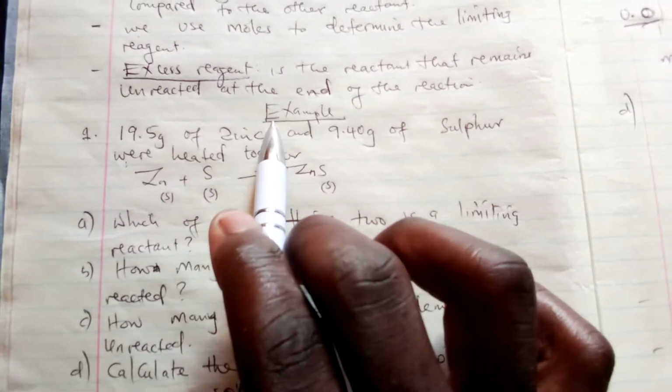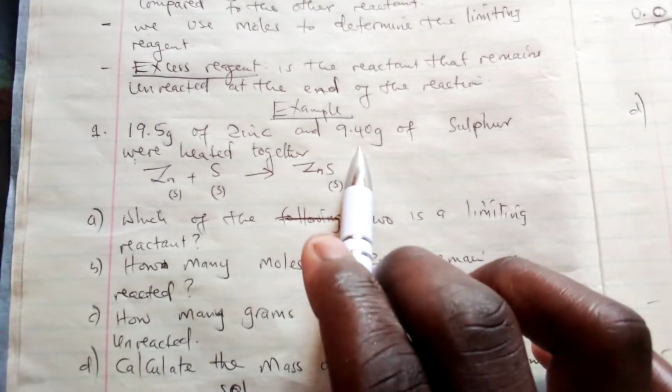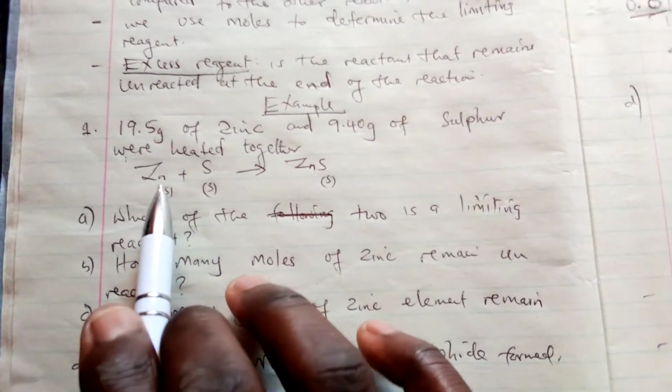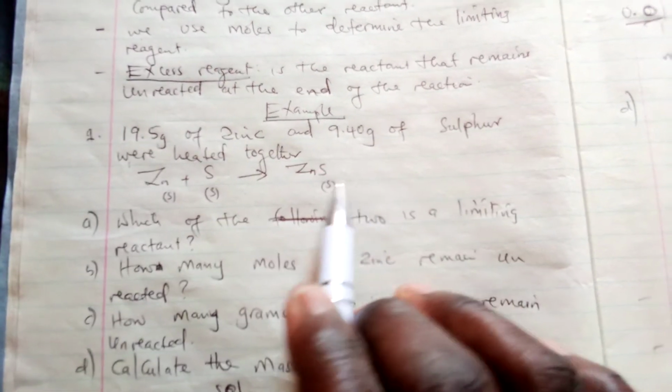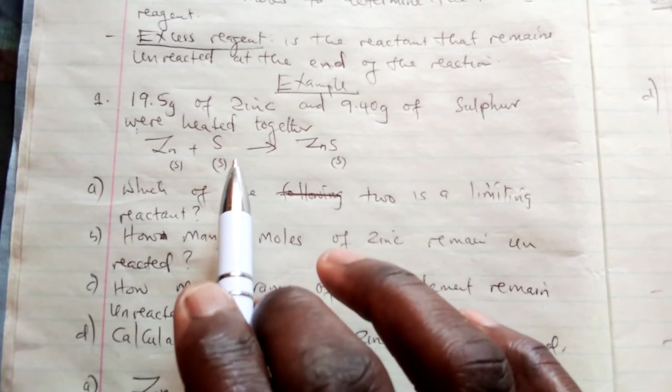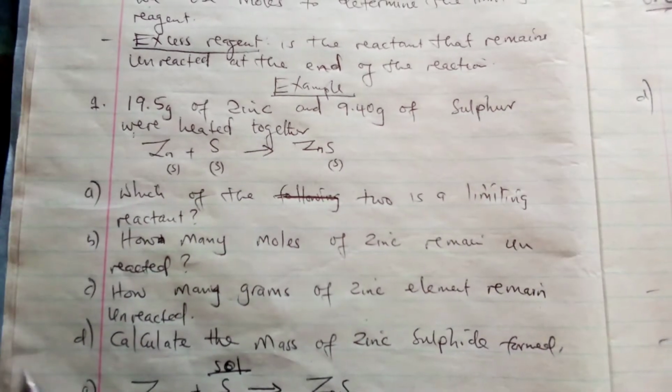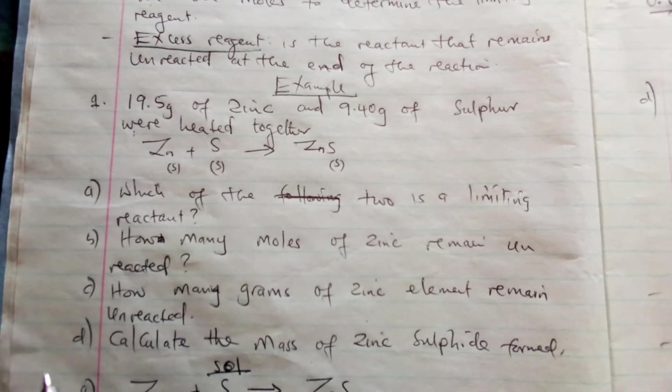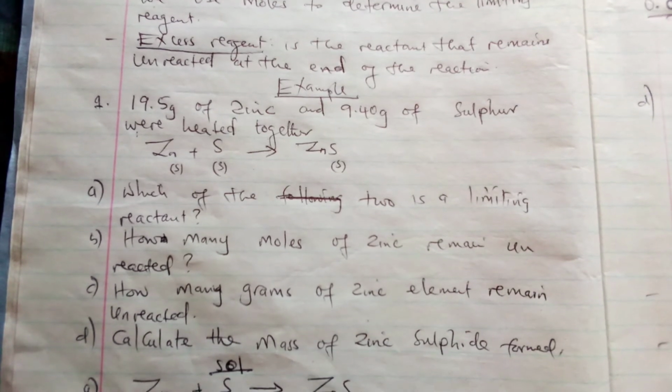19.5 grams of zinc and 9.4 grams of sulfur were heated, and then this is what they produced. So first things first, check if the equation is balanced. As you can see, the equation is balanced.